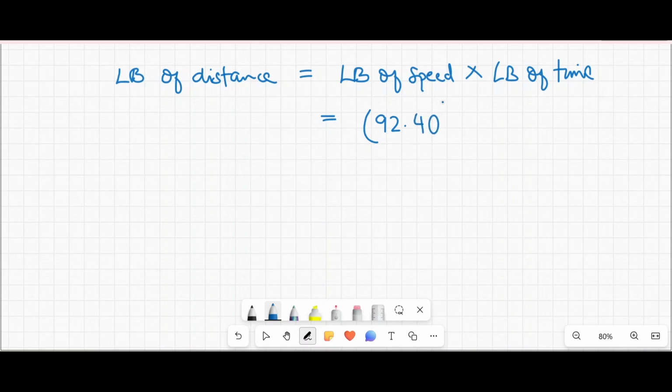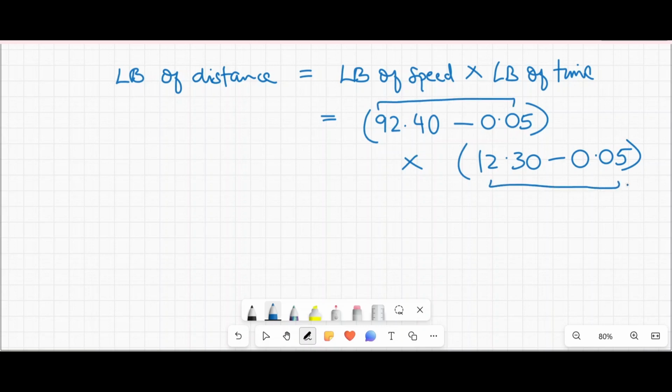This is the given speed. And multiply with 12.30 minus 0.05. So this is our lower bound of a speed, and this is our lower bound of a time. The unit for this is meter per second, and the unit for this is second.